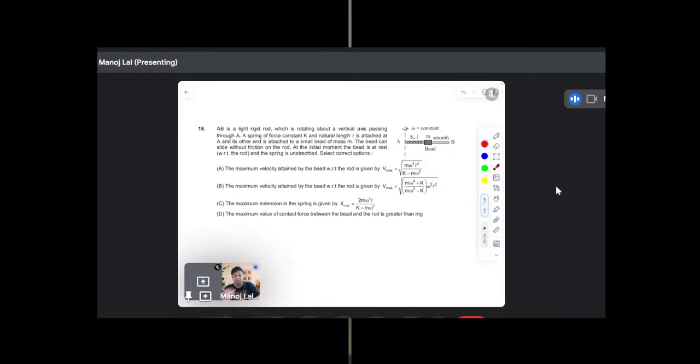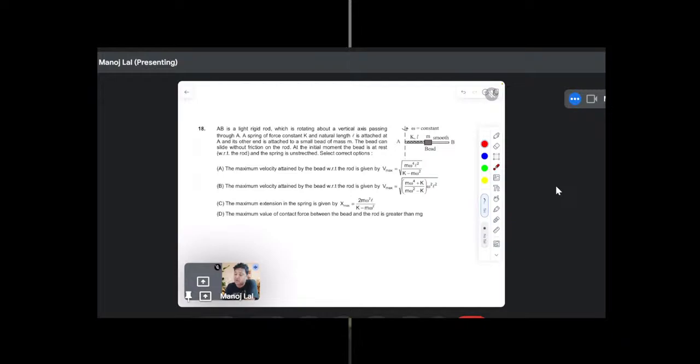Why will the bead move away from the axis? We can understand this in a better way if we consider an observer sitting on the rod, at or near the bead. This observer is a non-inertial observer since it is rotating with angular speed omega, so there is an acceleration towards the axis.